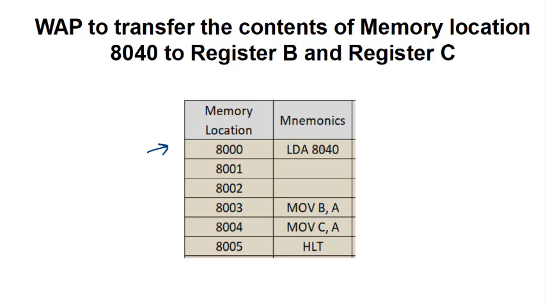If we write LDA 8040, the data from 8040 will transfer to register A, and because this is a 3-byte instruction, we have to leave 2 bytes. In the second instruction, the contents of A, which are the contents of the memory location, are transferred to B, and then A to C, and then halt.